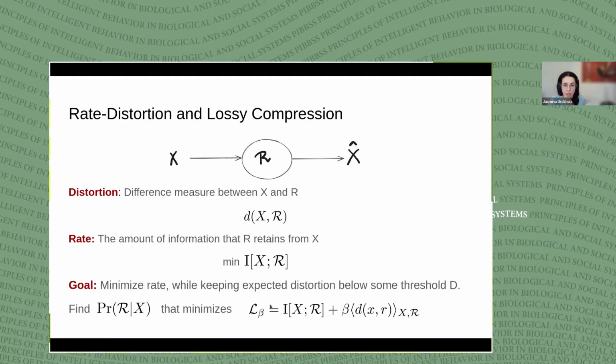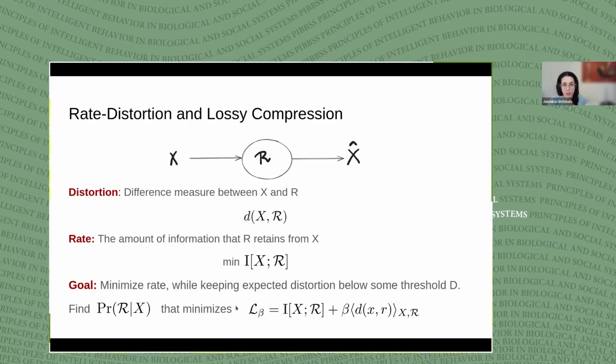So it's given in terms of the rate, so the mutual information shown here, plus a Lagrangian multiplier times the expected distortion measure. And this objective is defined separately for each value of beta.